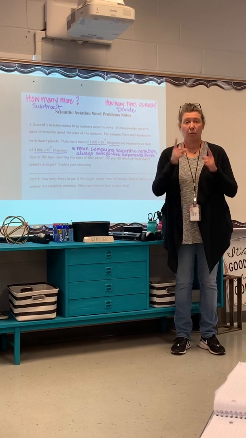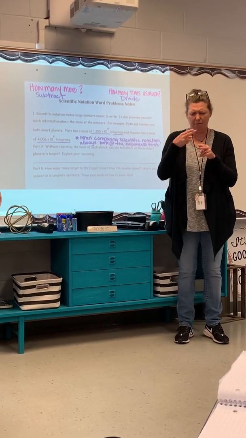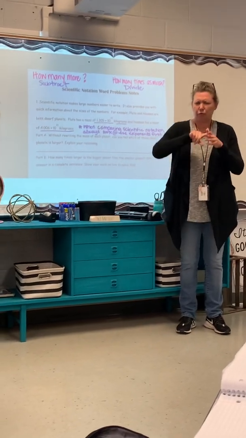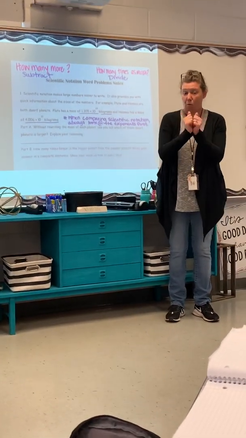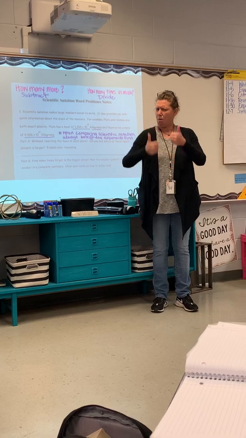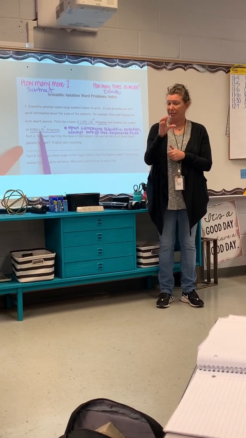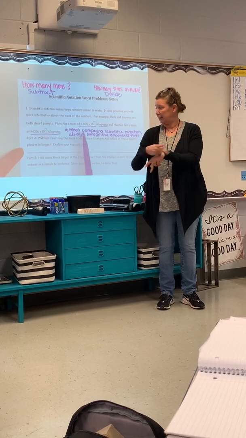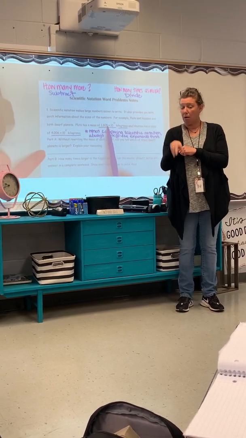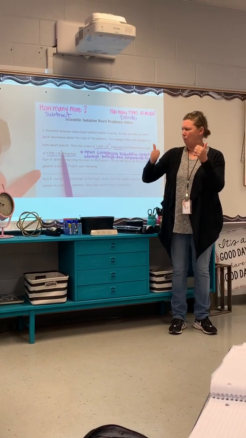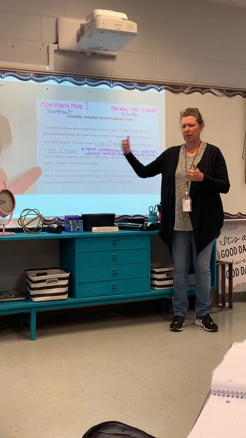Once you look at the exponents, you can then determine if you need to go back and look at the initial number. So, without rewriting the mass of each of these planets, which of the dwarf planets is larger? Would it be 4.006 times 10 to the 21, or 1.305 times 10 to the 22? Which one of those would be larger? Something to the 21st power or something to the 22nd power?